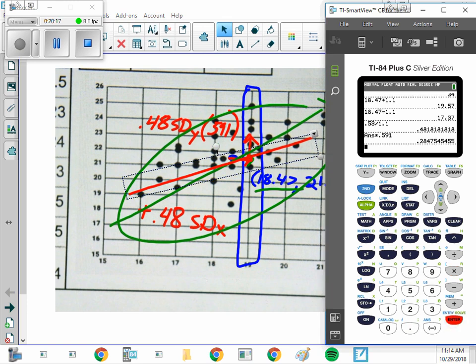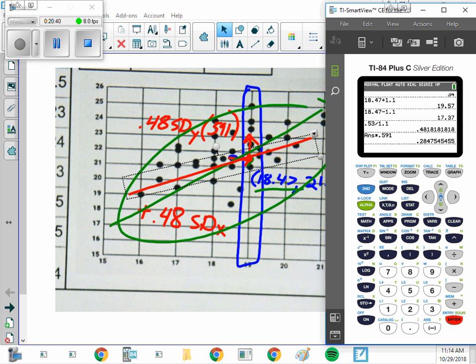And what does 0.28 tell me? That's how many SDs above average the leg measurement is going to be. So the arm measurement was 0.48 SDs larger than the average arm measurement, but my leg measurement is only 0.28.